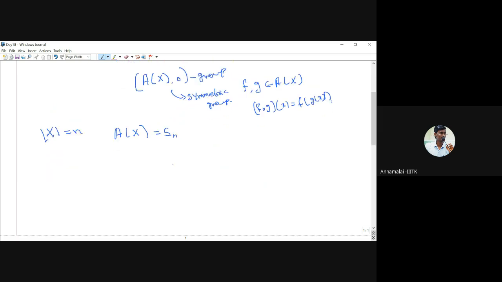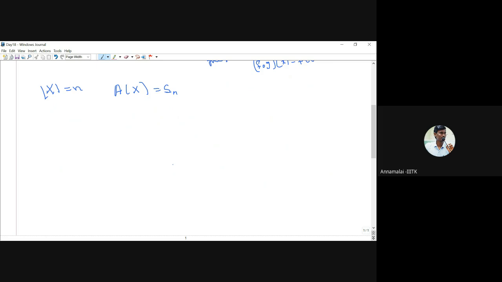Now Cayley's theorem says any group is isomorphic to a subgroup of A of X. That is a very important theorem. All the named theorems are very important.